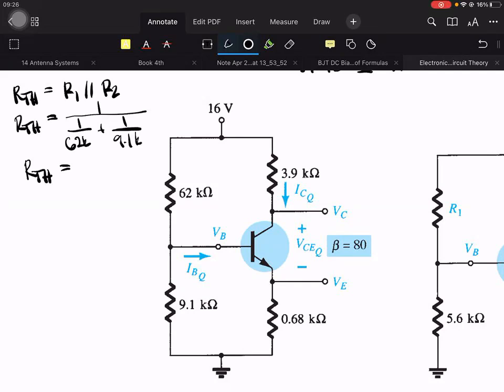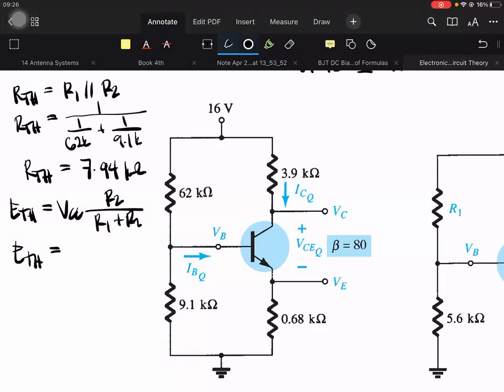RTH is equal to 7.94K. About ETH? ETH is voltage divider. VCC times R2 over R1 plus R2. 16 times 9.1 over 62 plus 9.1. ETH is 2.05 volts.